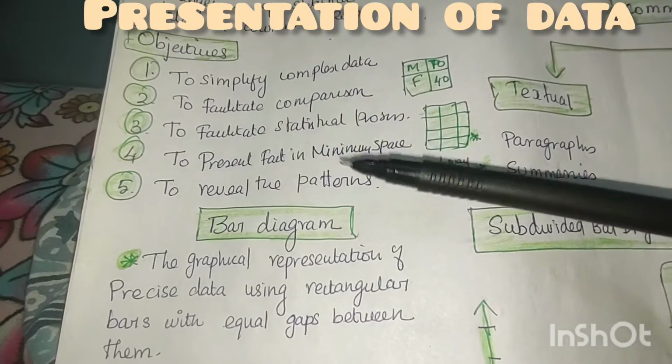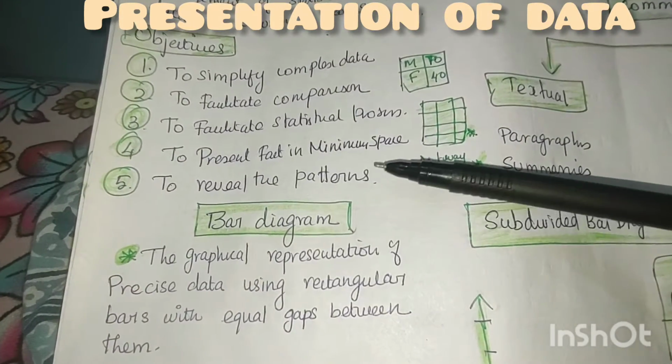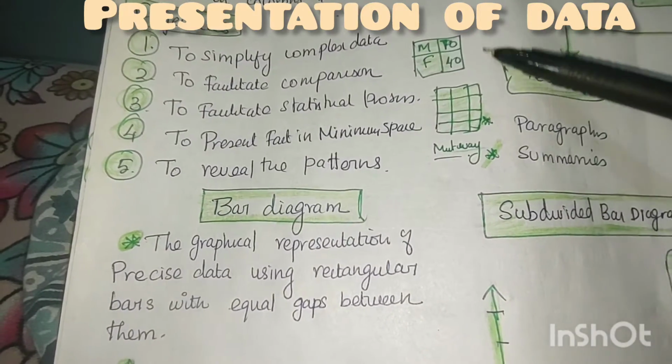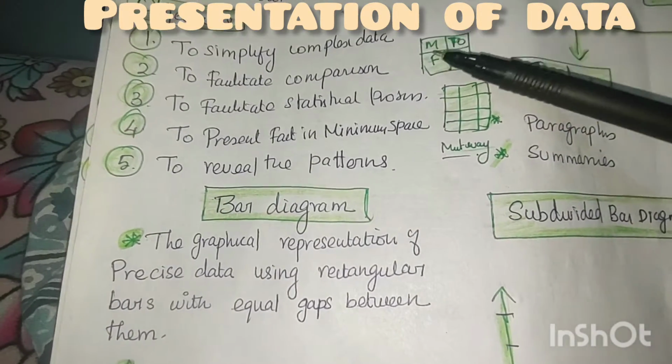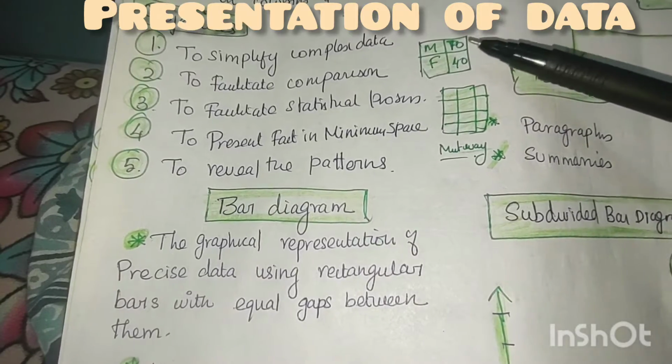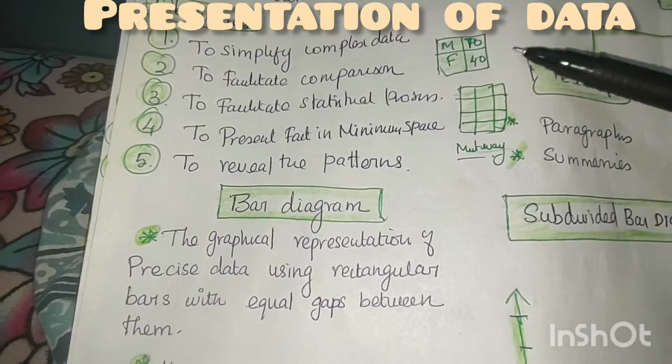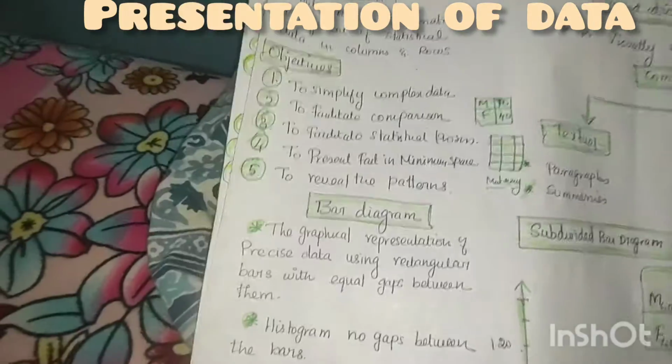We can compare and contrast with the statistical method to present the facts in minimal space. A summarization takes one paragraph, but in one table we can tell that in this village this many males are literate, and females too. That I can put in a formula in a tabular column.